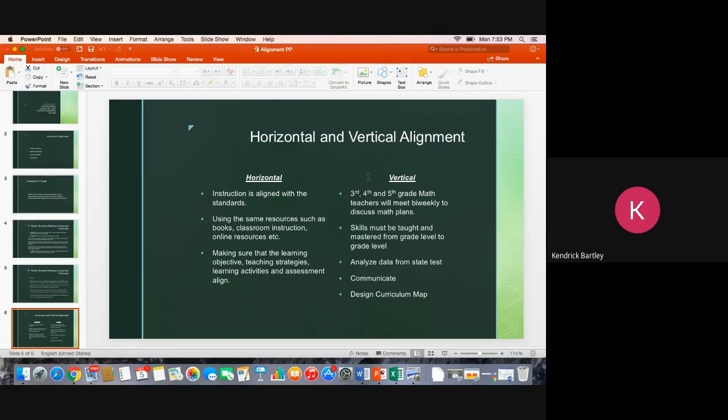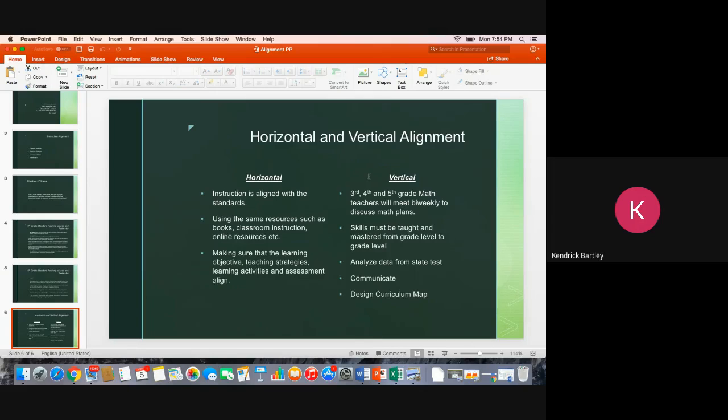Now, me personally, I focused on third, fourth, and fifth here, but I would also focus on first and second grade, because first and second grade is where the students are really learning to add. And of course, addition is taking place with perimeter, which they're going to do a lot of in third and fourth grade.